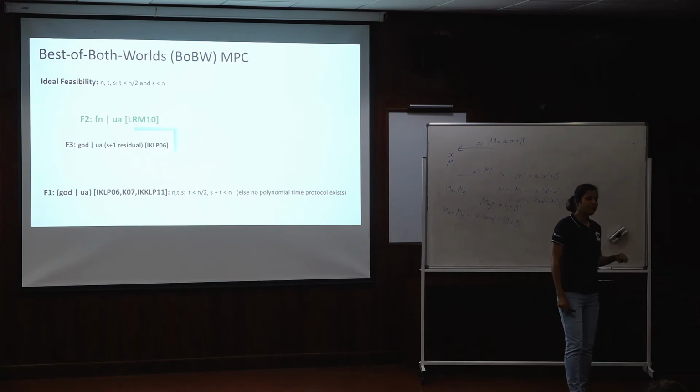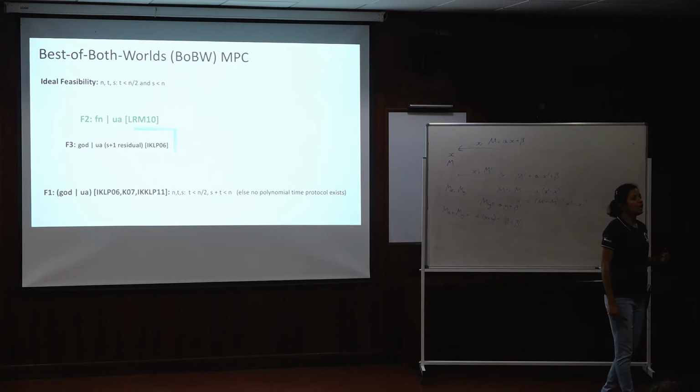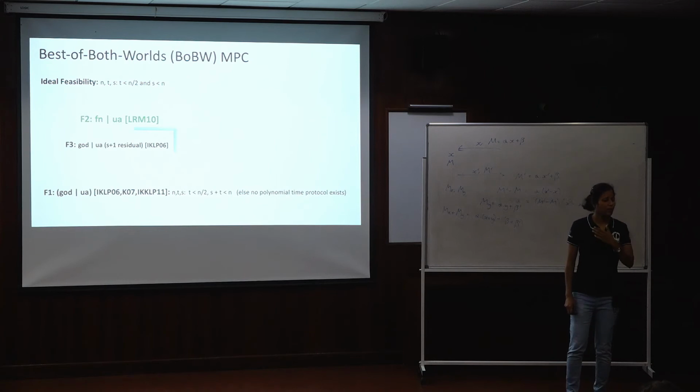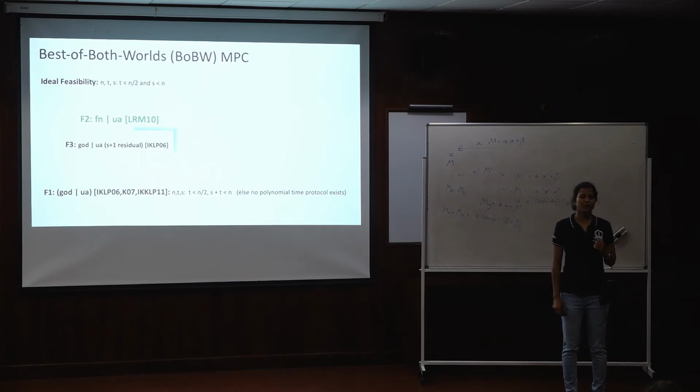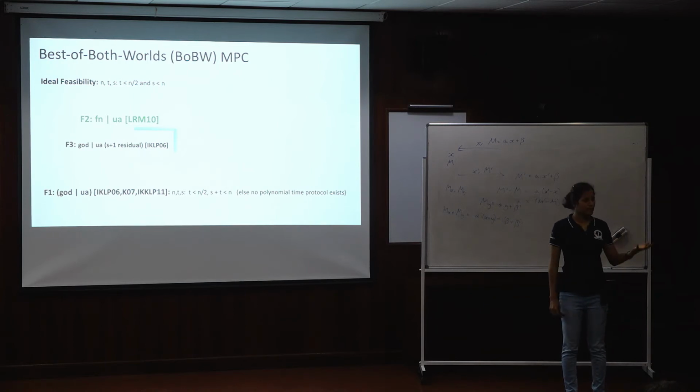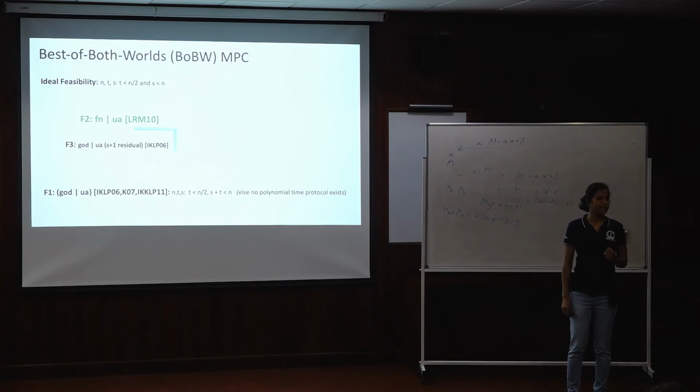In the dishonest majority setting, if we can leak several evaluations of the same function where the adversary is allowed to change his input, the honest parties' inputs are the same, but the corrupt parties' inputs can be changed, and if all the parties including the adversary are allowed to get in fact S plus 1 evaluations of the same function, with varying input of the corrupt parties, then again we can achieve the ideal feasibility.